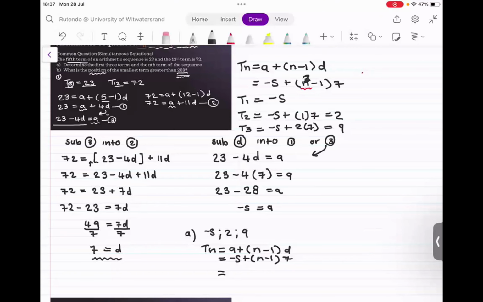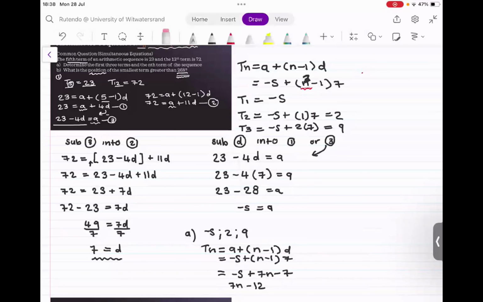If we simplify it, we'll get -5 plus 7n minus 7, which gives us 7n minus 12.